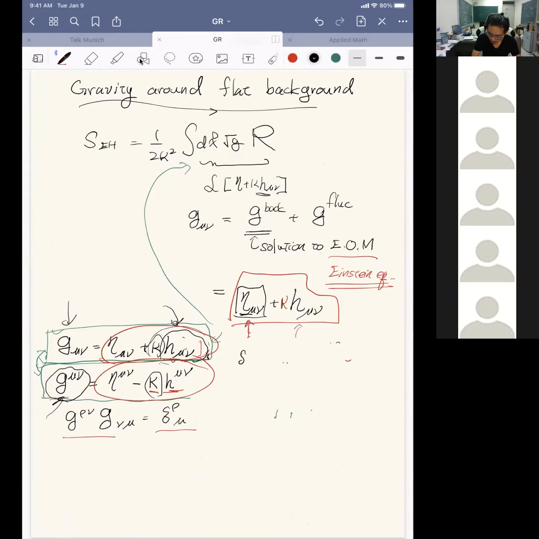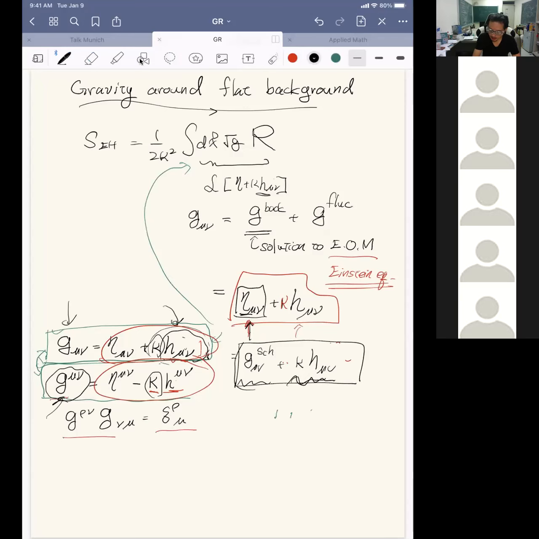So we can plug in the Schwarzschild metric here, plus kappa h mu nu, and then this will be describing a fluctuation around the Schwarzschild background.